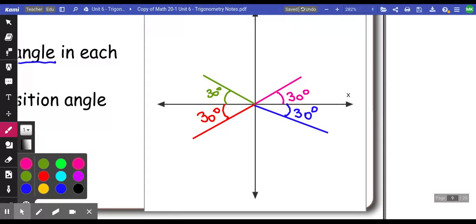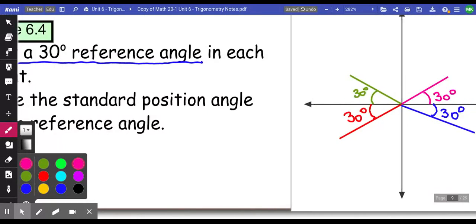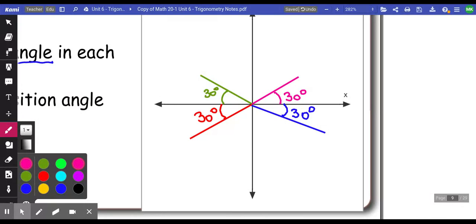Then we need to talk about standard position angles because all of those spots have different standard position angles. Remember that a standard position angle is from the positive x-axis counterclockwise to the terminal arm.